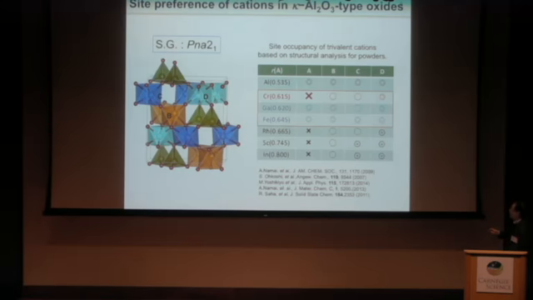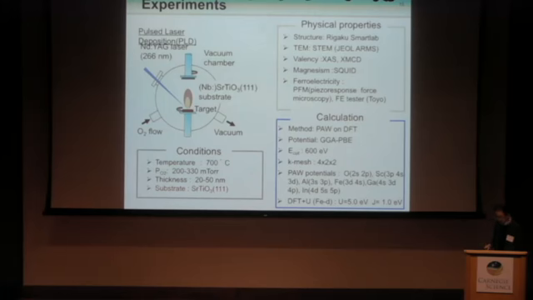So if we substitute chromium for gallium, chromium is expected to be accommodated in the octahedral site. And according to the previous neutron diffraction data for the nanopowders, the chromium ion can enter the C and D sites, the octahedral sites in the corundum layer.